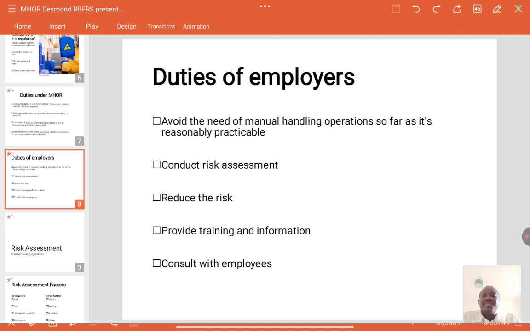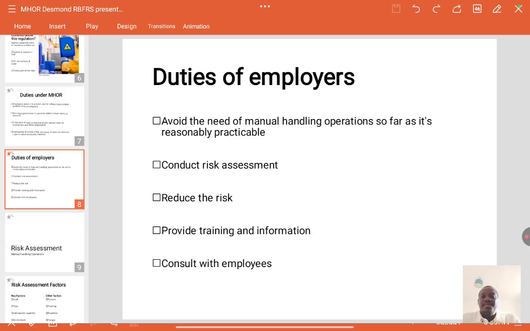For instance, if you're working in the warehouse, you realize that it is normally possible to use pallet jacks for moving, lifting objects rather than manual handling itself. So employers need to explore all areas or avenues to avoid manual handling operations.